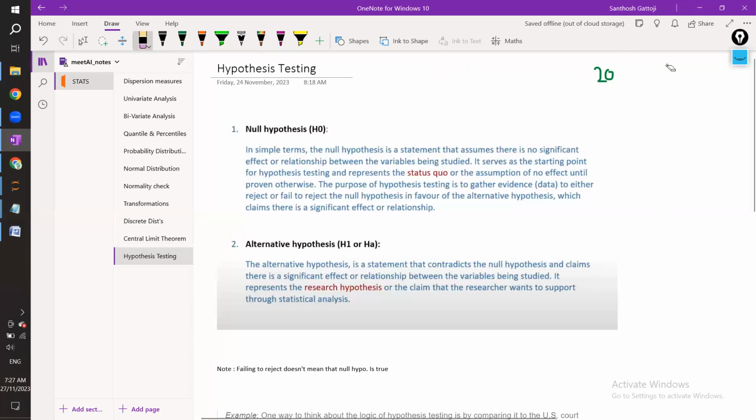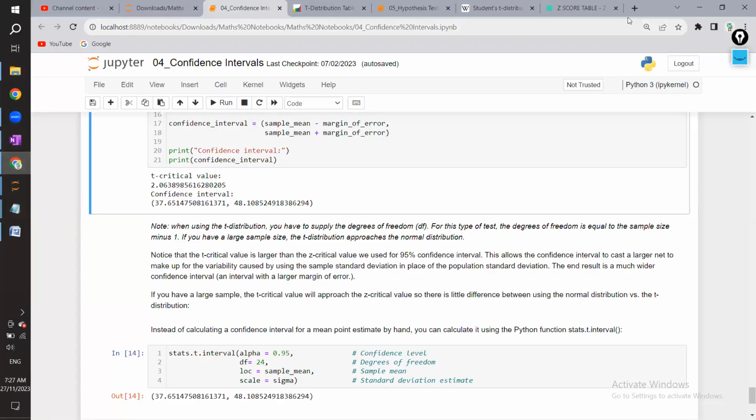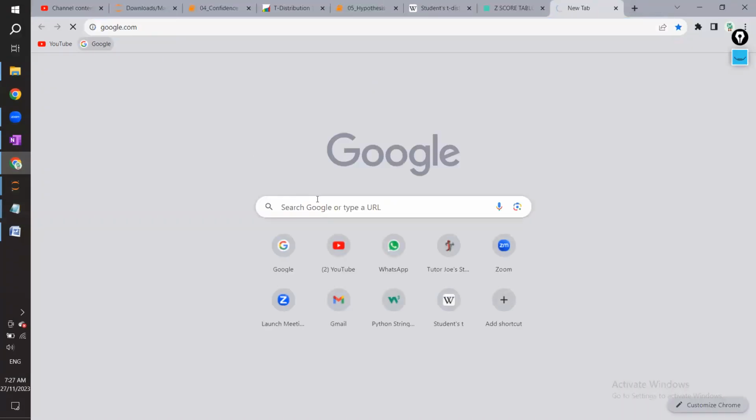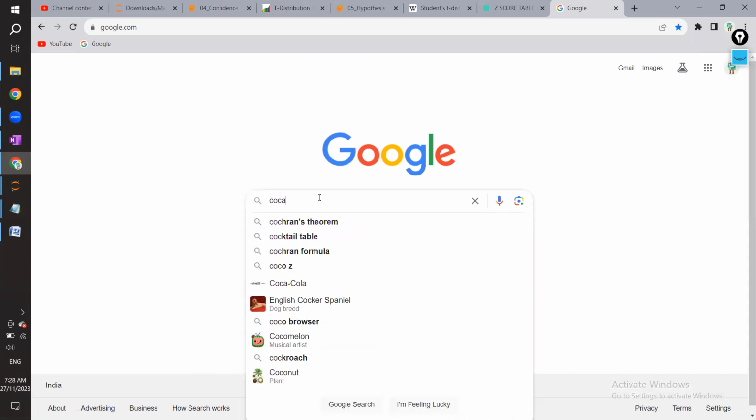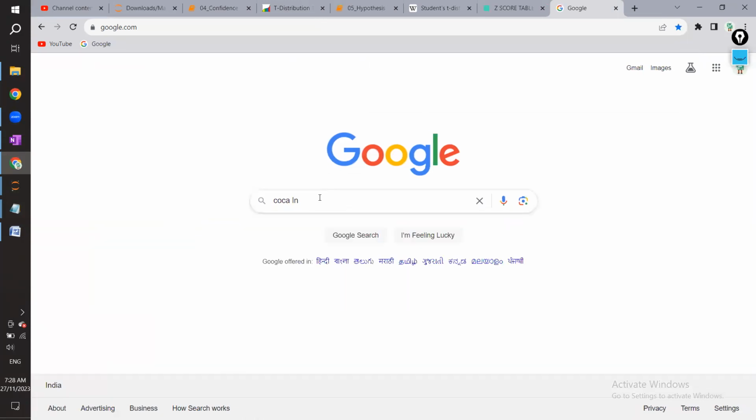You can apply this for anything, guys. The importance of this is, for example, hypothesis testing is very much used in many companies.